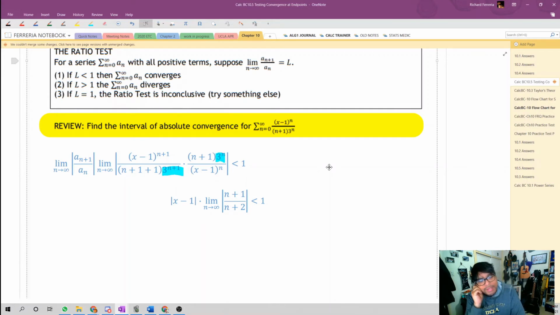Remember that this simplifies very similar to the way that we did (x minus 1) to the n plus 1, only this time we have an extra 3 on the denominator. So since the 3 is on the denominator, that's a 1/3. And since 1/3 doesn't have any n's, we can just put that on the outside of the limit as well.